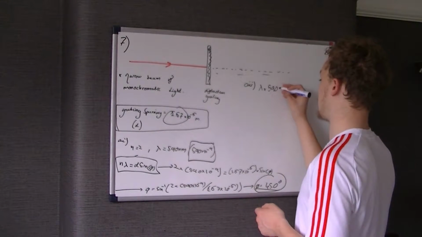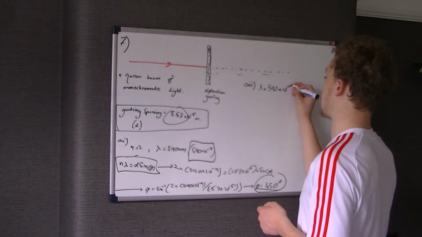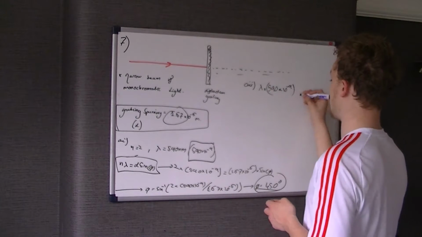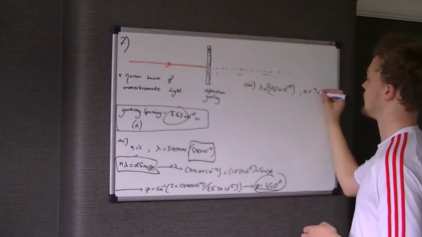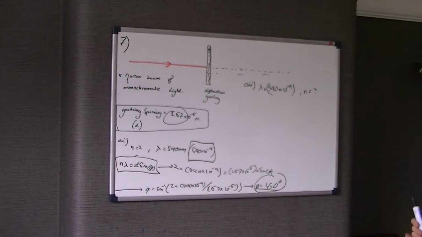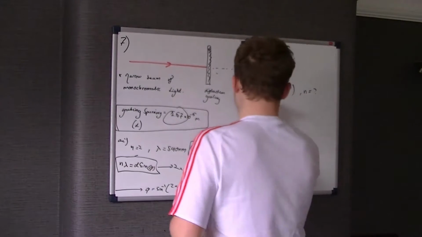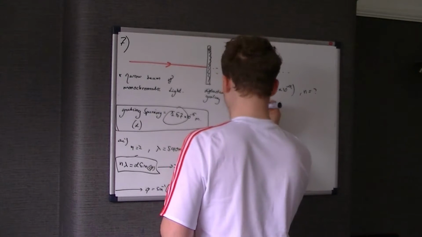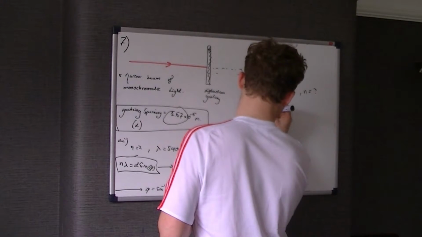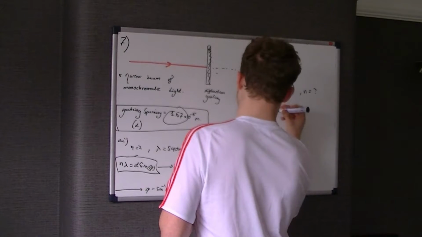So we said the wavelength is 590 times 10 to the -9 meters. You need to make sure it's in meters. N, well, we've got to work that out. The grating spacing won't change, so little d is 1.67 times 10 to the -6 meters.